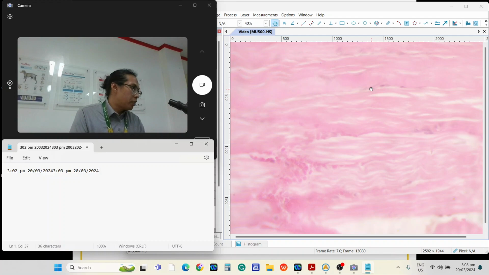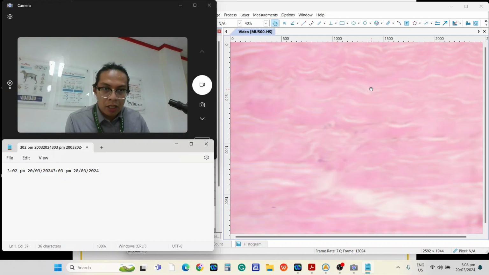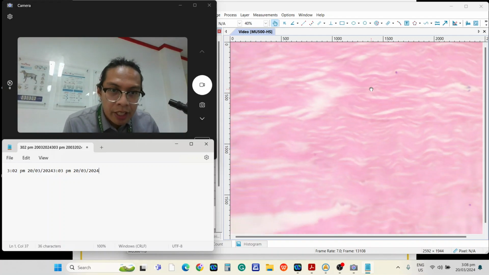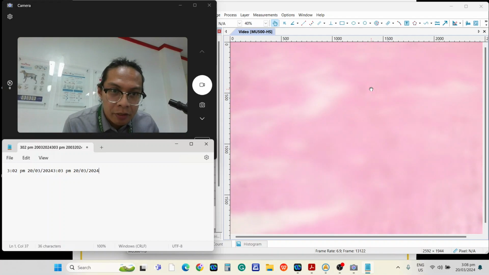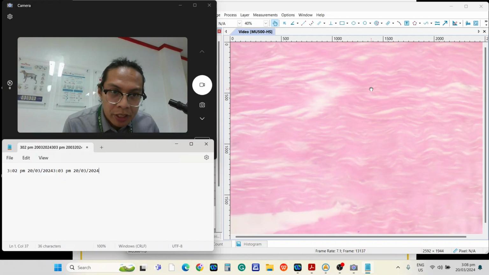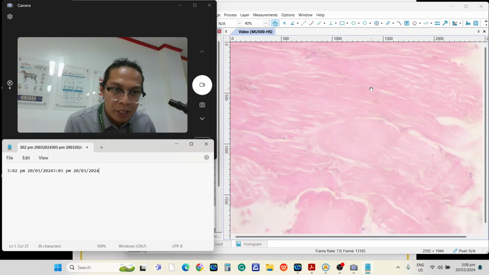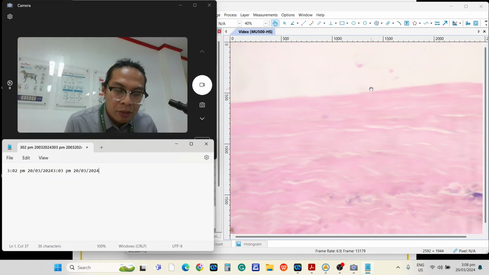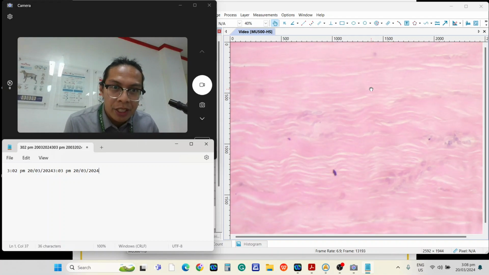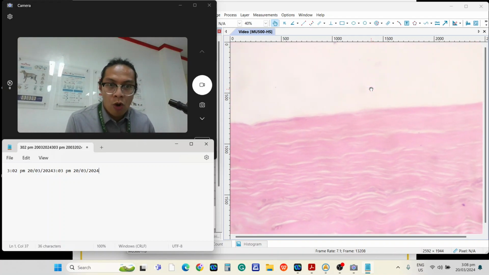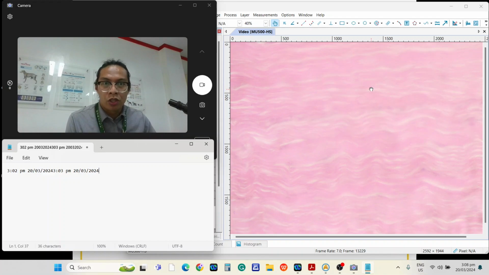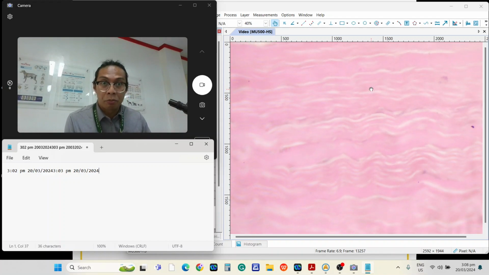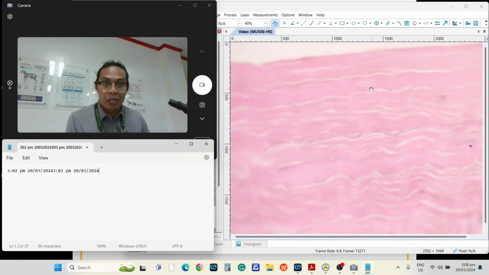In a better magnification, makikita pa natin ang striations. However, in this section, hindi na natin ma-appreciate yung striations. Hopefully, using your light microscopes, mas ma-appreciate nyo yung striation.